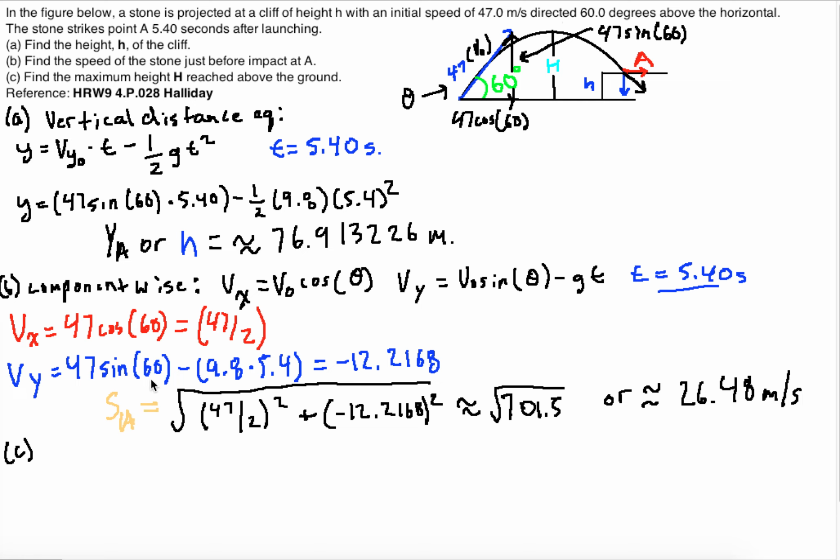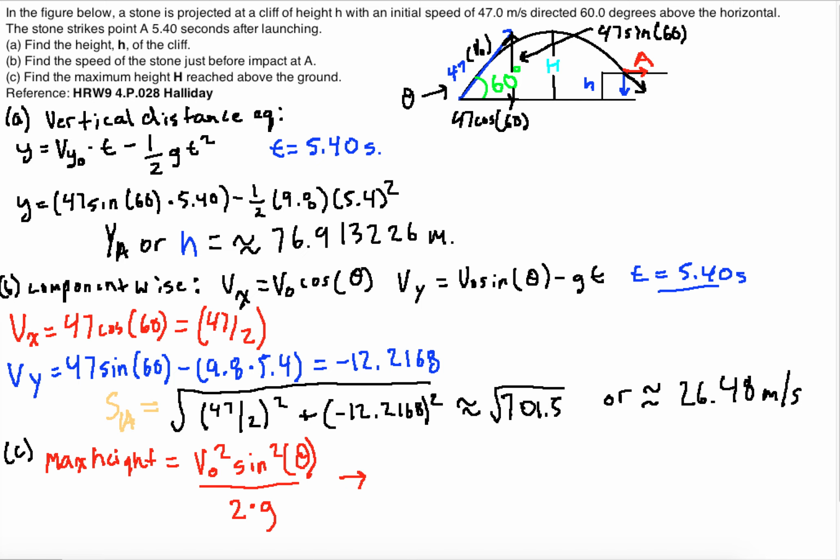Well, there's a very nice equation derived in projectile motion kinematics, which states that the maximum height of a system is equal to V naught squared sine squared of the initial theta, divided by 2 times gravity.